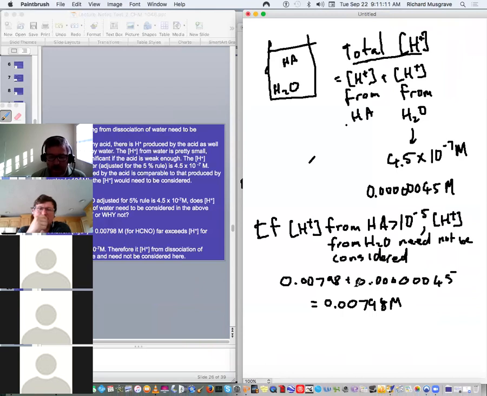So you can see that the amount of H plus from the water didn't really affect anything.